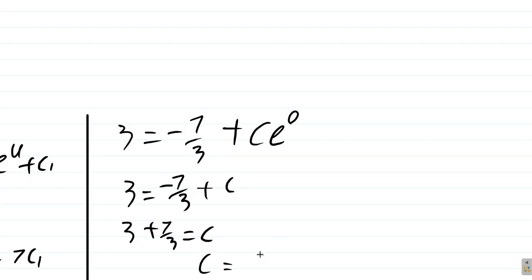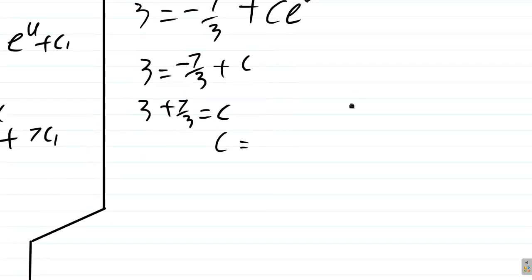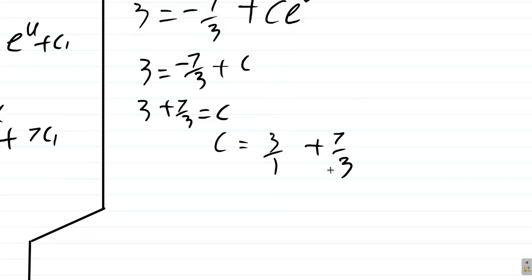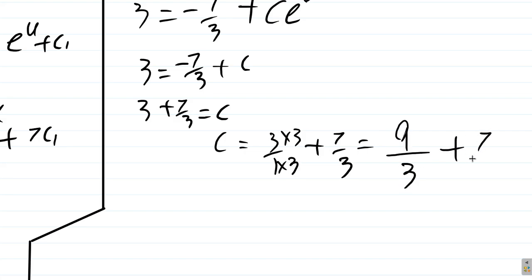So c is, you have to do some fractions now. So it's 3 over 1 plus 7 over 3. Let's get common denominators. Multiply this by 3, multiply this by 3. You get 3 3s 9 over 3, 1s 3, plus 7 over 3. 9 and 7 is 16.